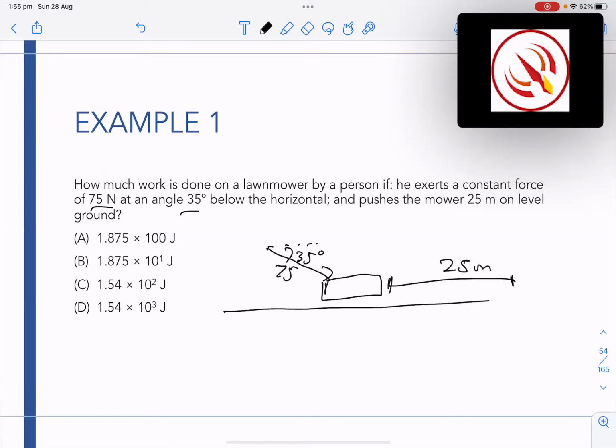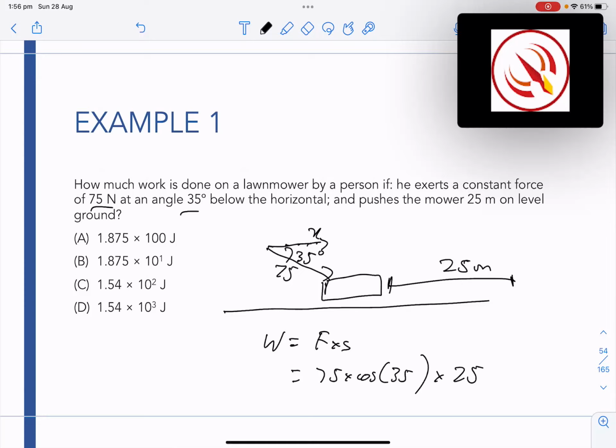25 meters. Work is force times displacement, except we've got to make sure that we're using the force that's in the direction of displacement. So we're going to try and get the x component of this pushing vector. That's going to be 75 times cos 35, times our displacement of 25.